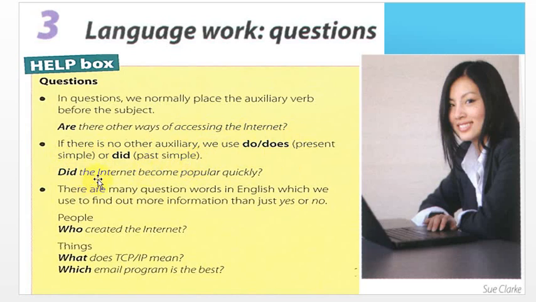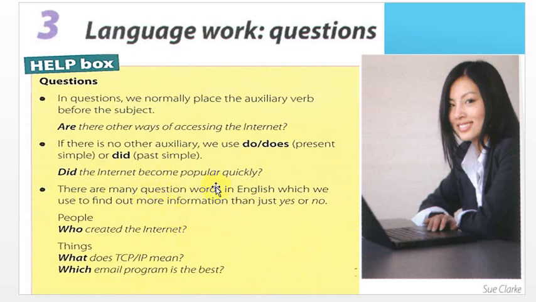It means in present simple, or did in past simple. For example, did the internet become popular quickly? Here did is the auxiliary, and this sentence is in simple past, and at the end we put a question mark, which means that this is a question sentence.